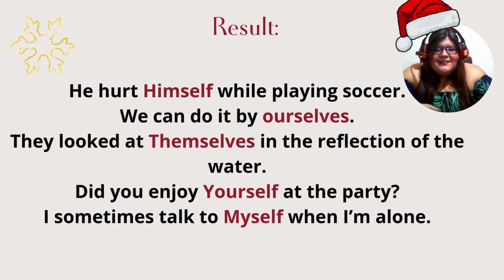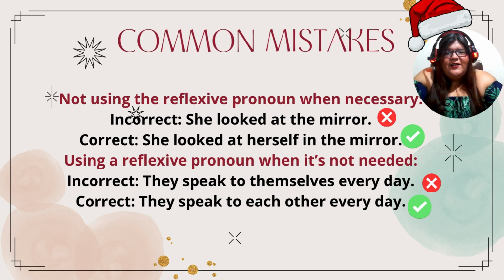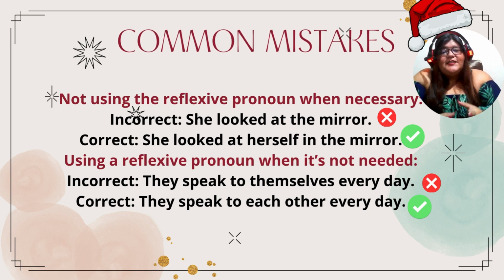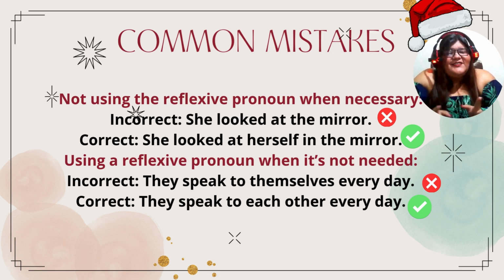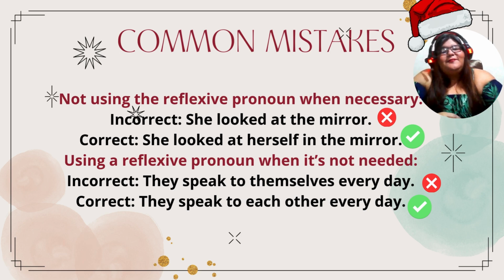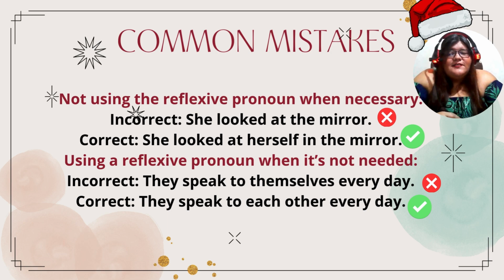You will see it. So now let's see common mistakes that some pupils make, especially when they don't follow my YouTube channel. No, I'm just kidding, guys. Well, all of us are humans. All of us make mistakes. So let's see.